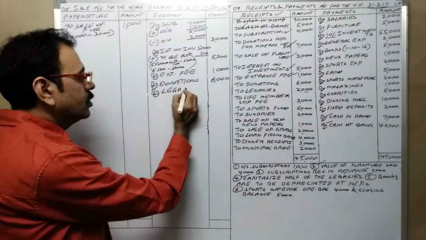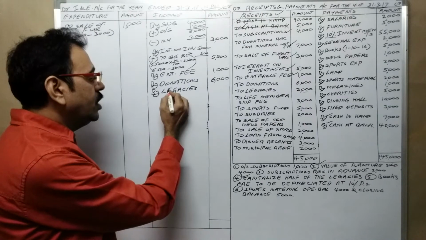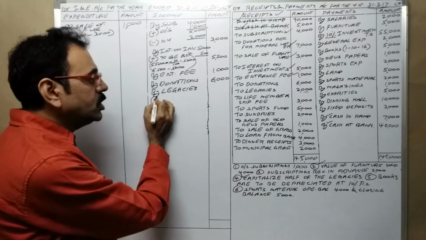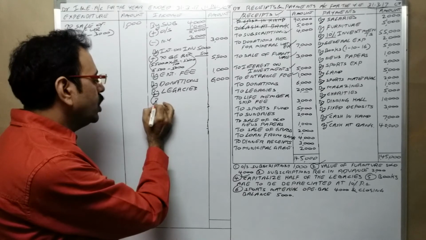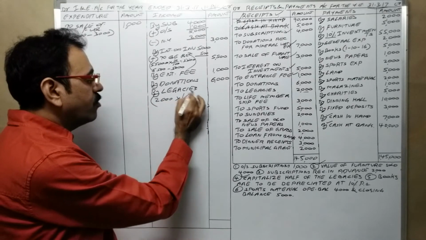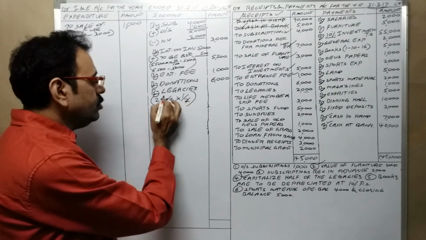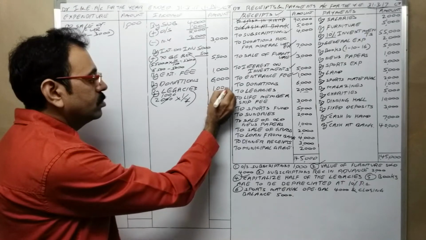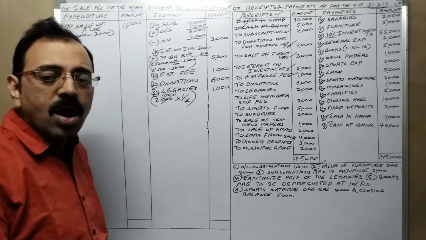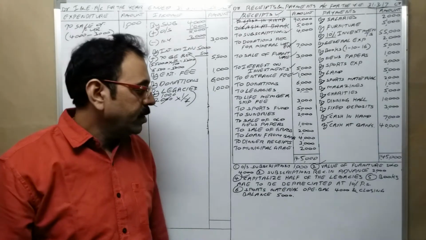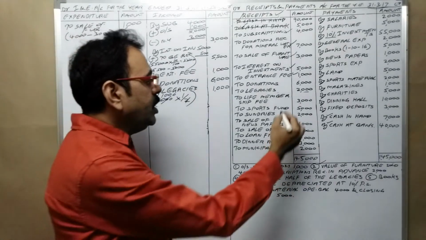By legacies, in brackets, total amount is 2,000 rupees, in that half. Where does the other half go? Balance sheet liability side.